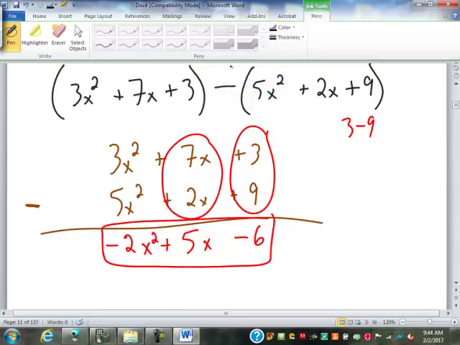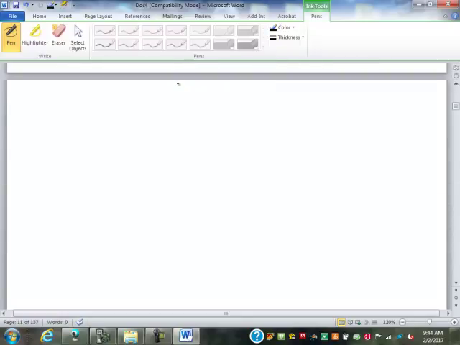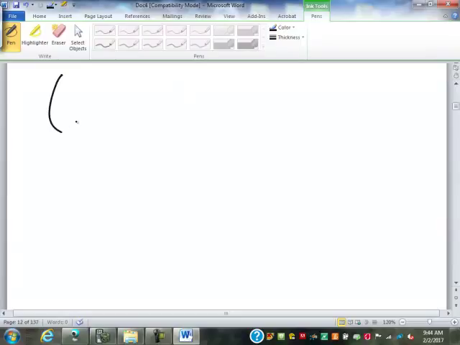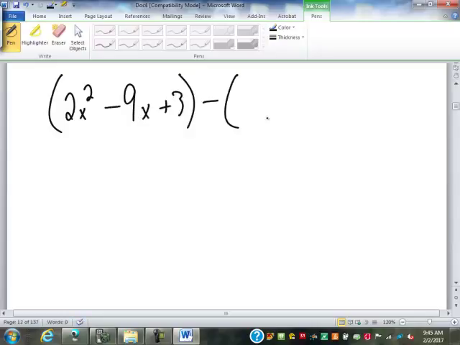Well, where I really start to lose people, where people start to struggle, is we start subtracting with negative digits in there. So we might have 2x squared minus 9x plus 3 minus 7x squared plus 2x minus 11.